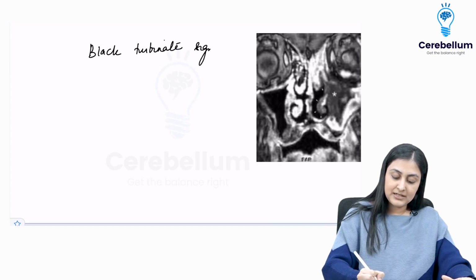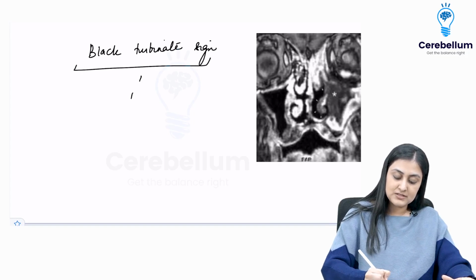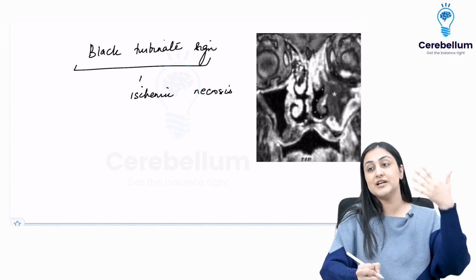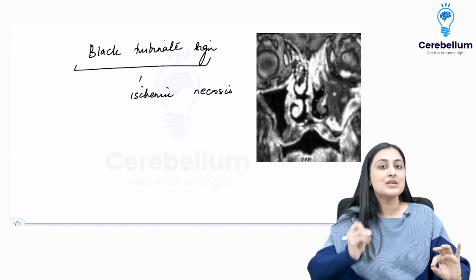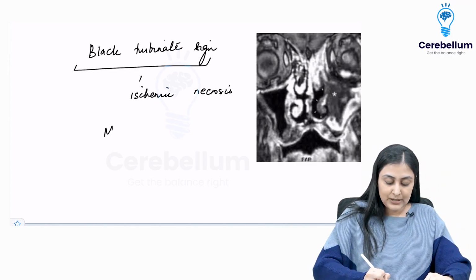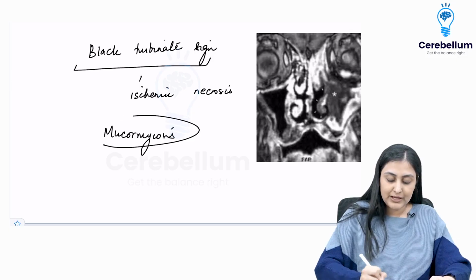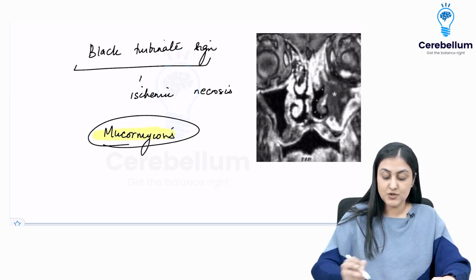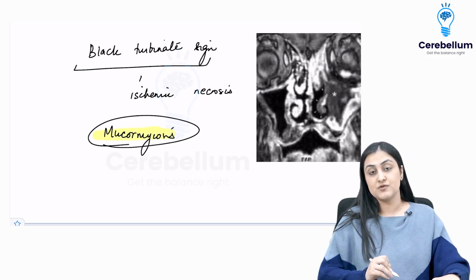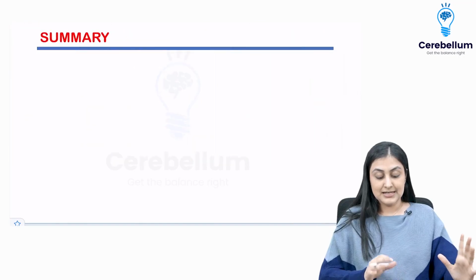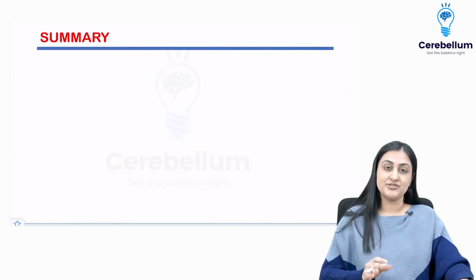So this is the black turbinate sign that represents ischemic necrosis of the turbinate that can be seen in a fungal infection, an invasive fungal infection, which is angioinvasive. So you know I am talking about mucormycosis. Okay, so mucormycosis will have ischemic necrosis, no enhancement because of its angioinvasive nature. Okay, so this takes care of the neuroradiology section for us.